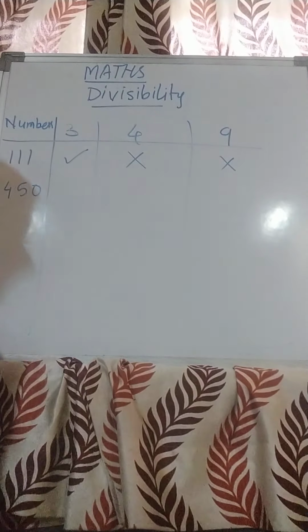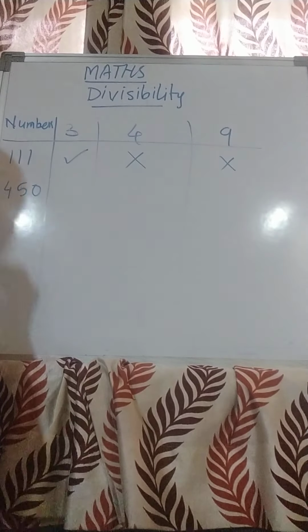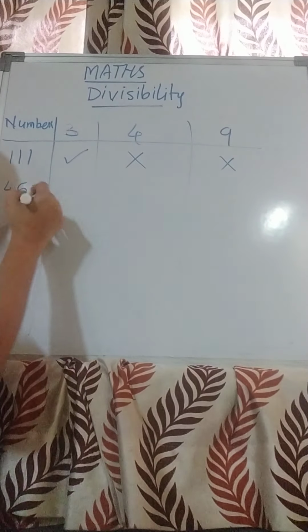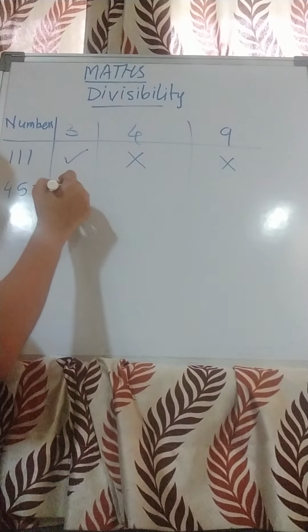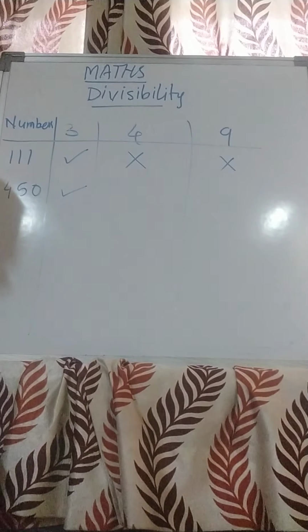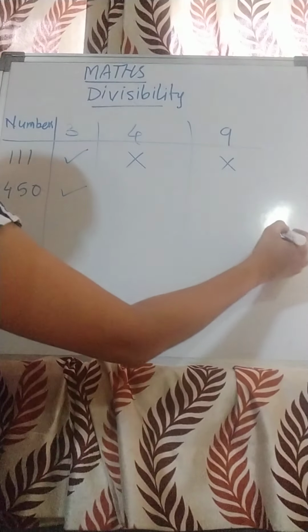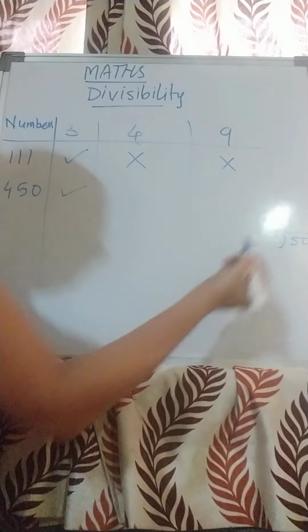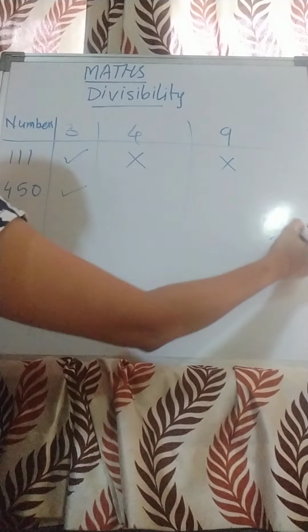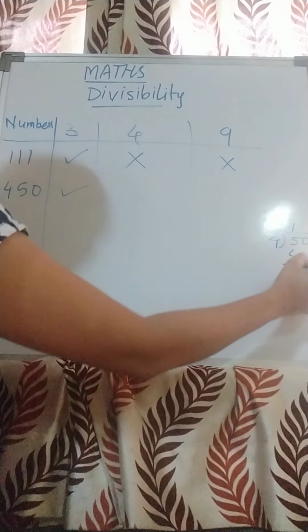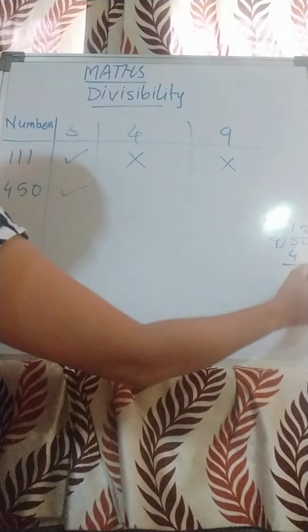Understand? Take one more number, 450. Now in the 3's divisibility test, 4 plus 5, 9, and 0 means 9. 9 can divide by 3. So here tick. Now 50. Can 50 divide by 4? See, do it in rough and find out the answer. 4 ones are 4, 4 twos are 8.